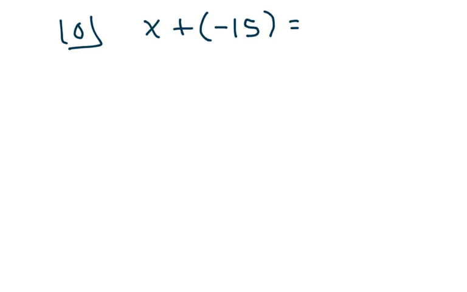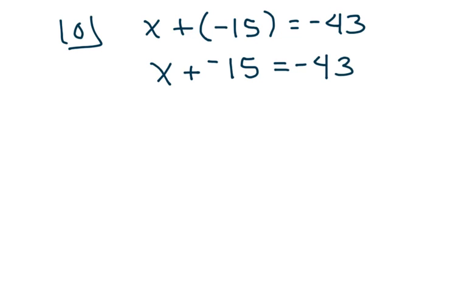And the last one has one of these parentheses again. We have x plus negative 15 equals negative 43. I want to get rid of this parentheses here. And basically, we could write it this way. You might have seen this before. But anytime you see something like that, that means it's a negative.